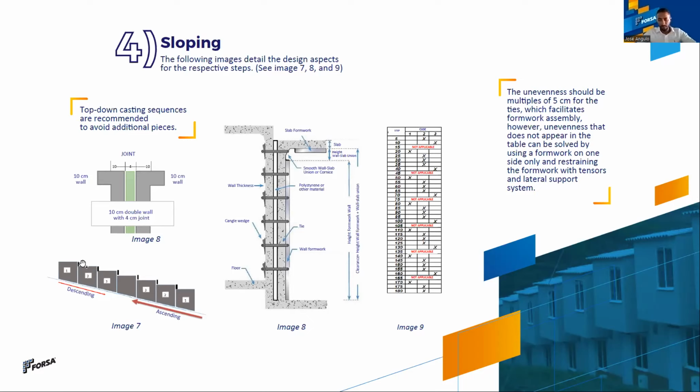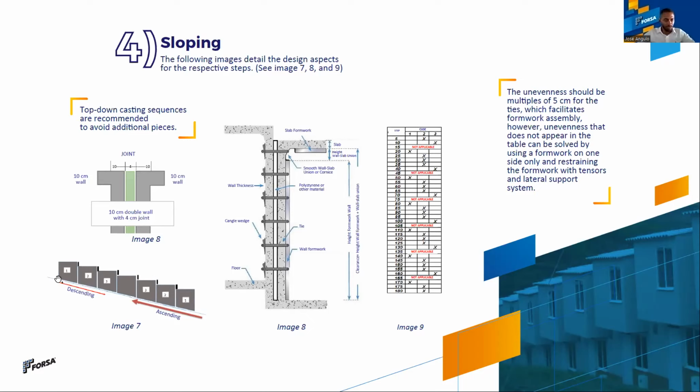What does it mean? It means that we are going to find out many ways to pour. But here in the industrialized system, we are telling that it's going to be a better way to make it descending. Why? Because the ascending way is going to make you create more pieces each time you want to pour the following unit.